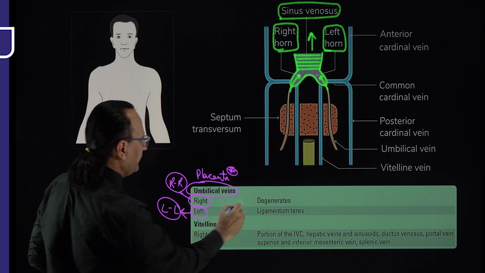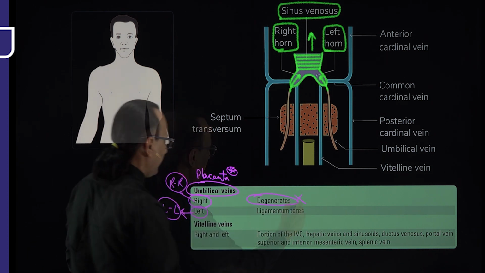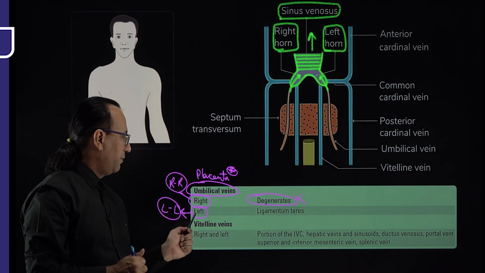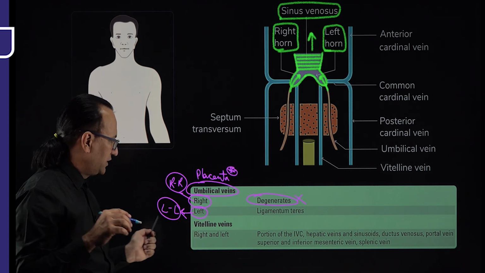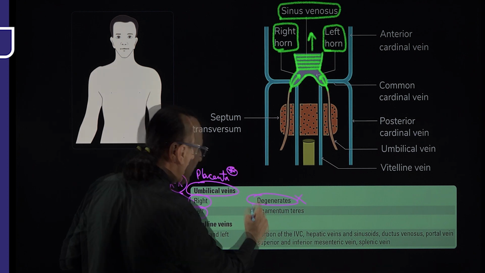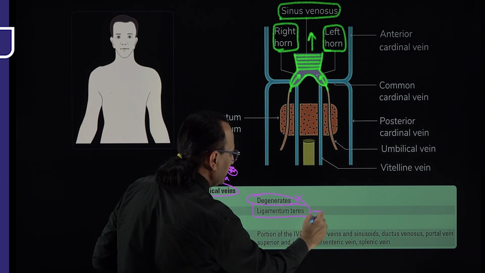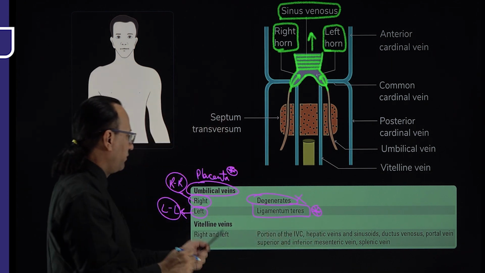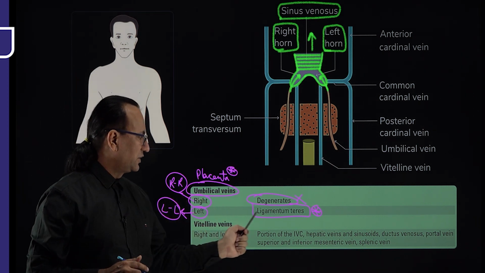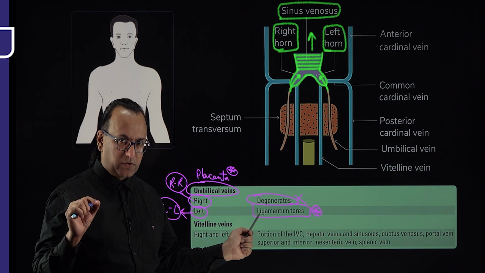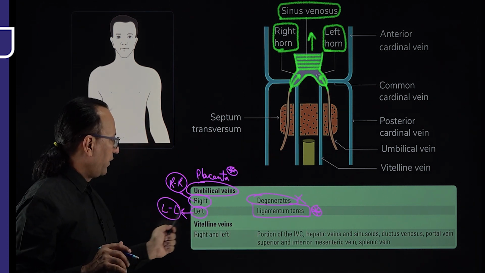That means the right umbilical vein will be regressing, whereas the left umbilical vein will be left. But in the adult, again, it has no contribution as such. It is just a vestigial remnant called the ligamentum teres. So the ligamentum teres is the adult remnant of the left umbilical vein, and it serves no purpose in the adult circulation. It has importance only in the fetal circulation.